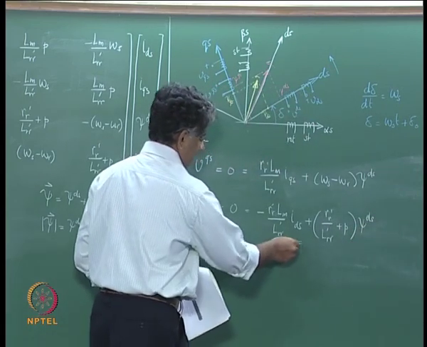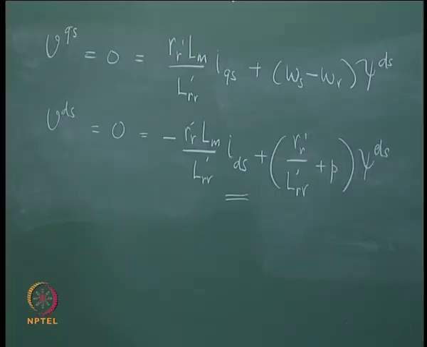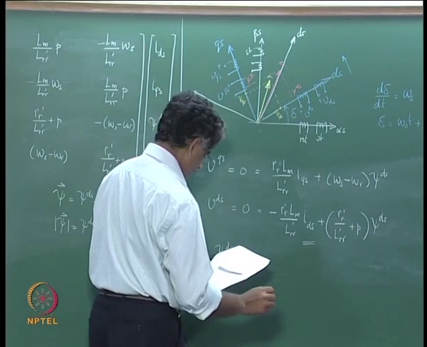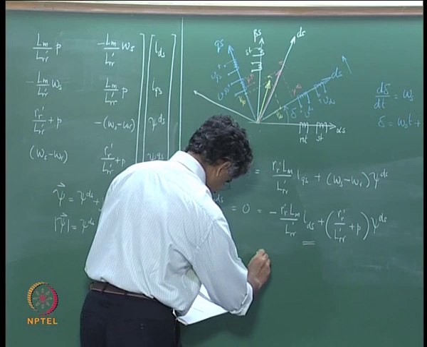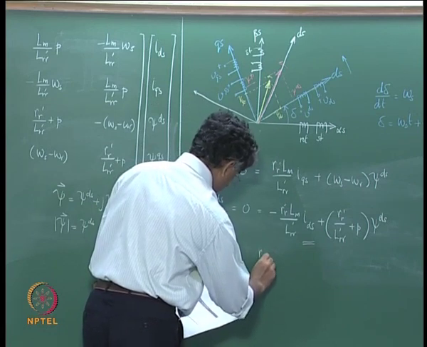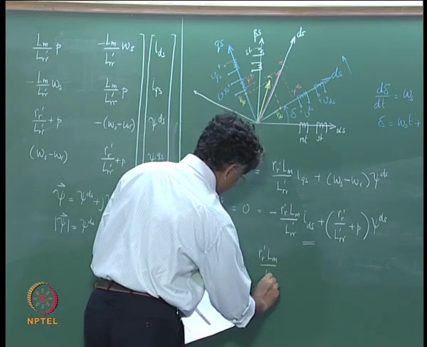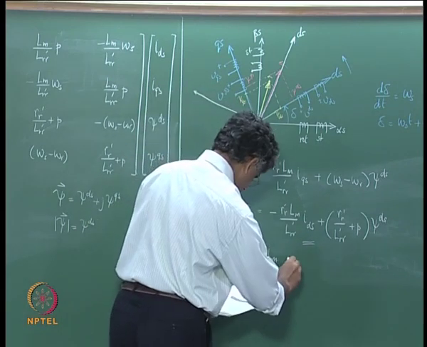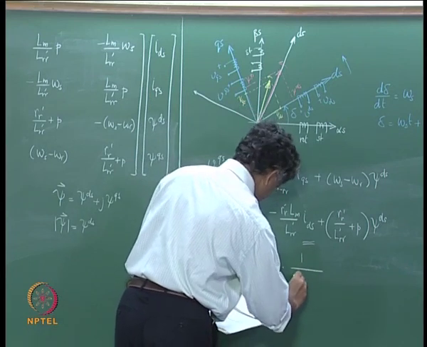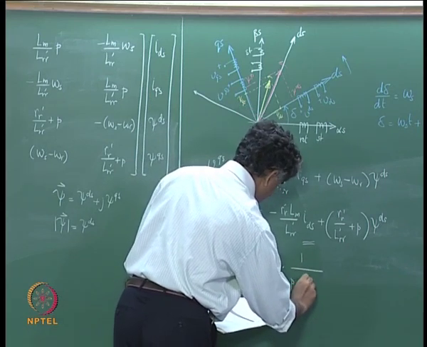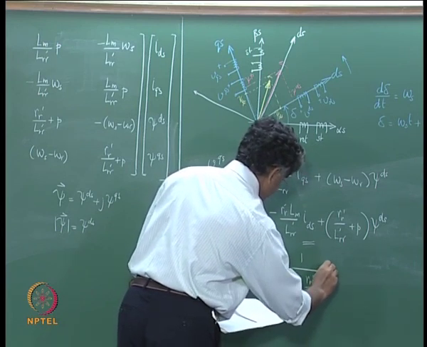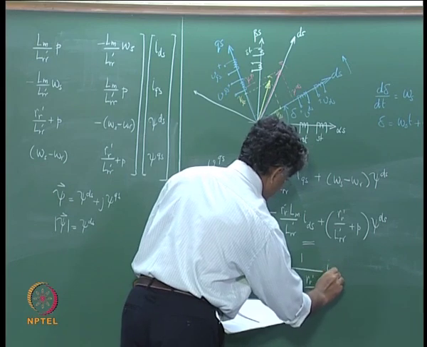If you look at this equation, one can recast it to say that psi ds is nothing but RR dash LM by LRR dash into 1 by P plus RR dash by LRR dash, into IDS.